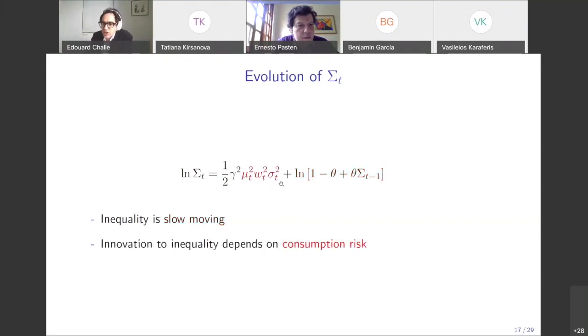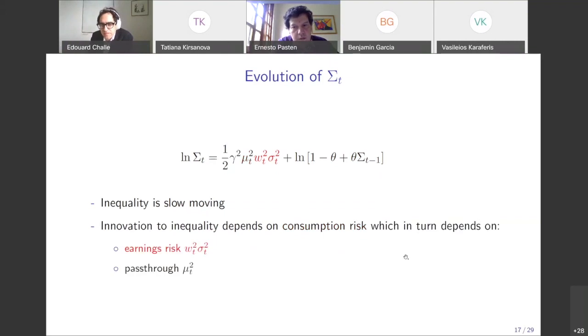And the innovation to this aggregate state variable depends on consumption risk, not surprisingly. We've seen what determines consumption risk: it's the variance of earnings risk, sigma t squared W t squared, times mu t squared, because it's affected by the pass-through from earnings risk to consumption risk.